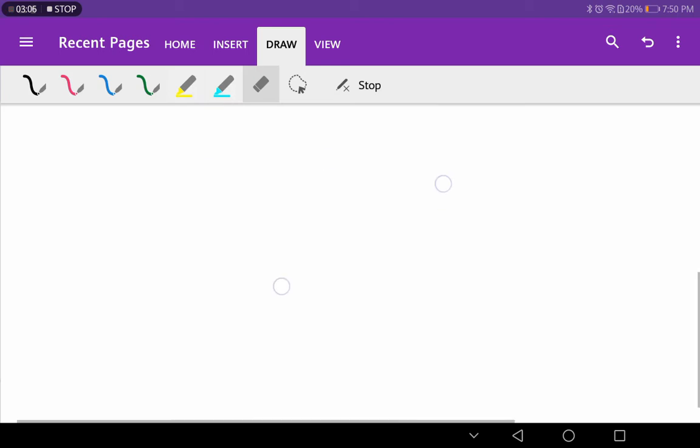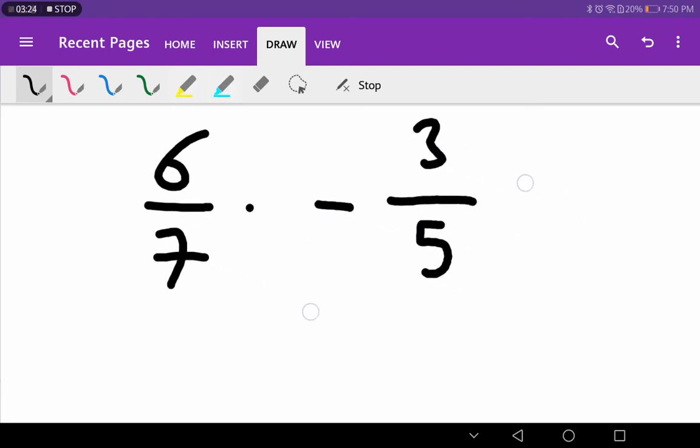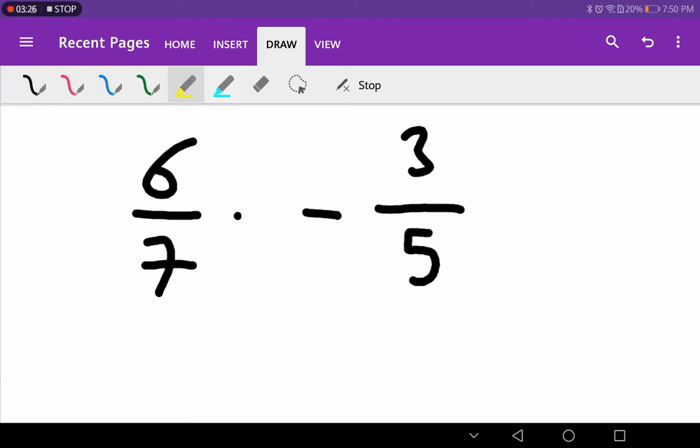What else? If you have a fractions, how do we multiply fractions, my boys? For example, 6 over 7 multiplied by negative 3 over 5. How do we do this? It is easy, grade 4 or 5.